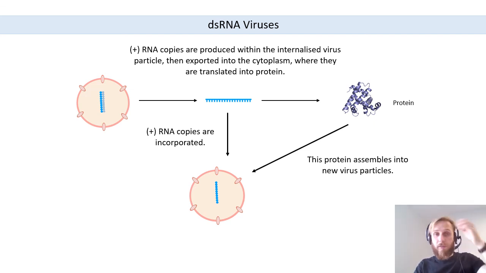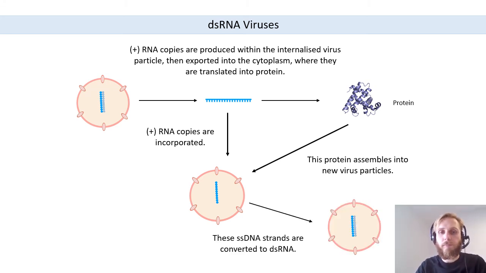As we know, each virus particle that's made needs a copy of the viral genome, and the way it gets the copy, or at least the positive strand of the copy, is that it's just incorporated into the protein shell. That's important because it's only the positive strand that is there at this point. So as the protein shell assembles, the positive strand made by the RNA polymerase is incorporated into the virus particle. At this point, something is missing, which is the complementary negative strand that pairs to the positive strand.